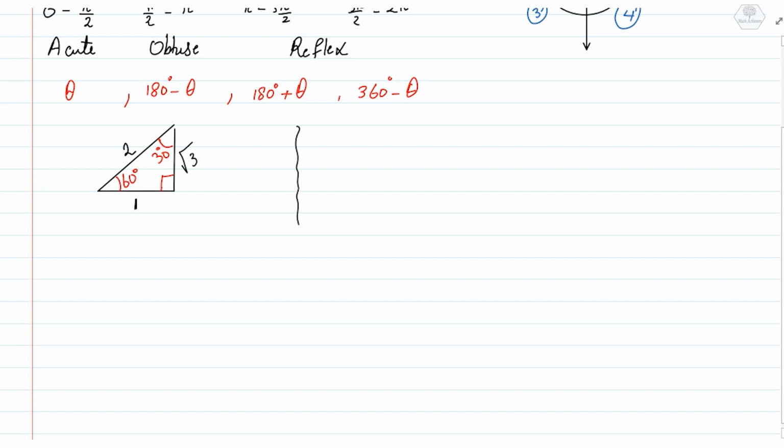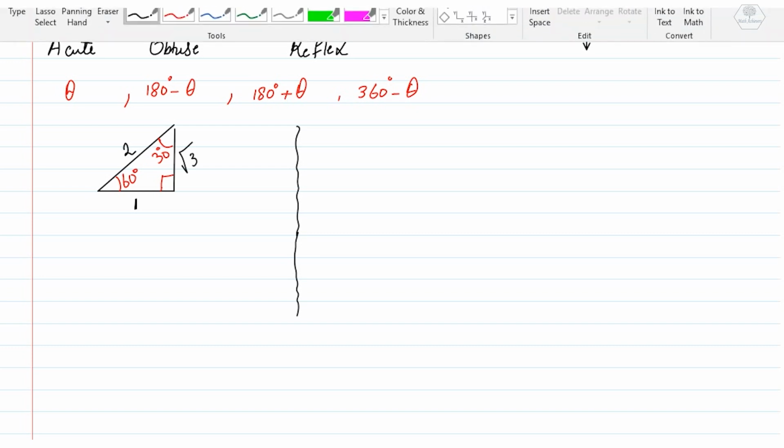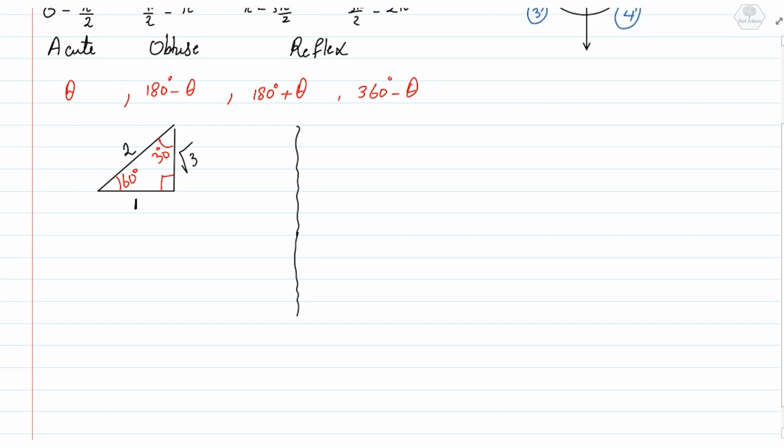My second special triangle is the 45-45 triangle. Let's draw this triangle.